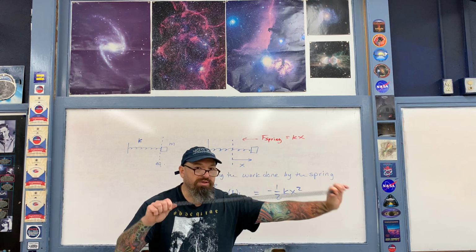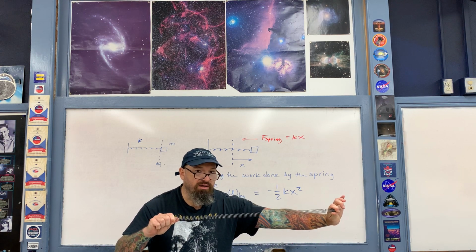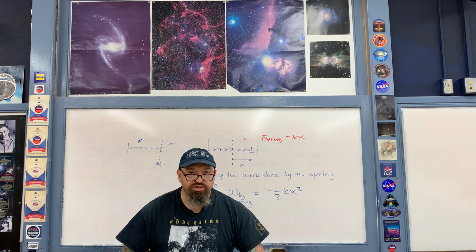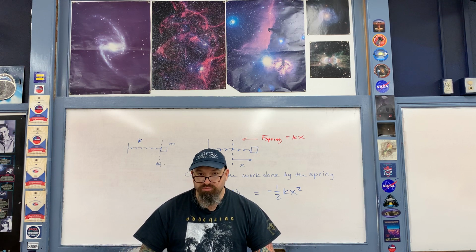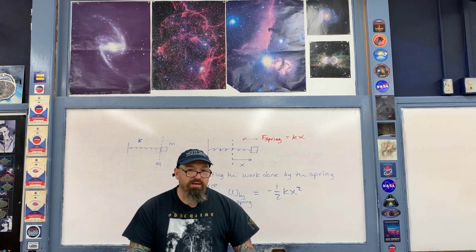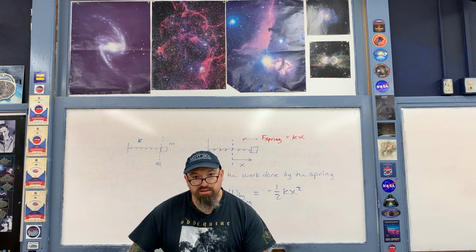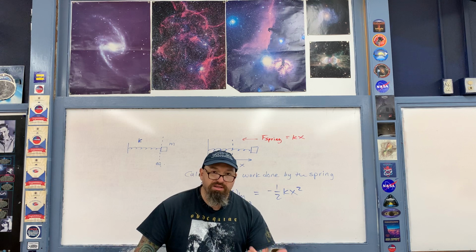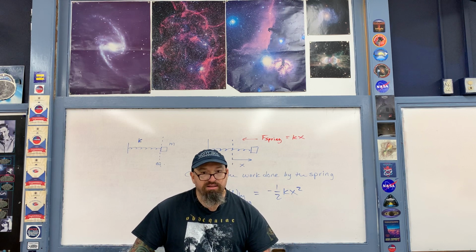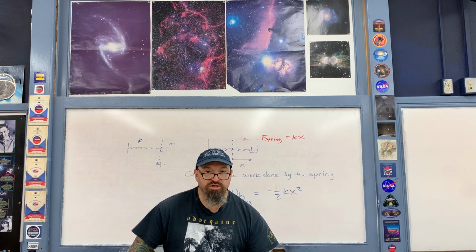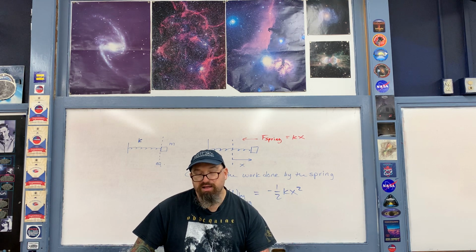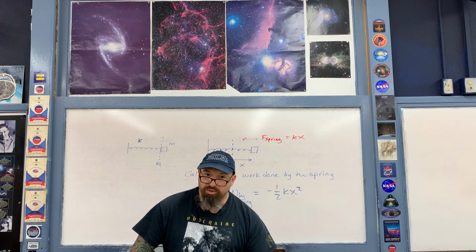This spring potential energy of 1/2 kx squared is transformed into kinetic energy as the object moves back towards the equilibrium position. This is the same series of steps as we did earlier for gravity. The only difference mathematically is that instead of mgh for the gravitational potential energy, here we have 1/2 kx squared for the spring potential energy.